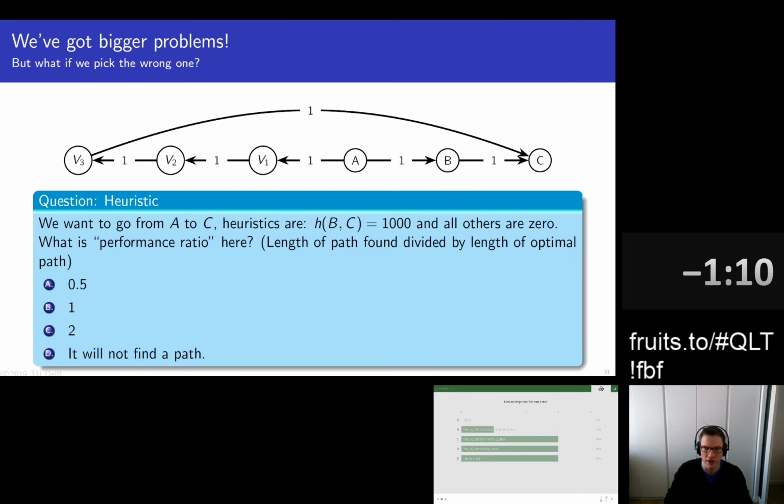It's not entirely apt here, but it does its purpose. So what is the length of the path that we find divided by the length of the optimal path? So if we use our modified version of the algorithm, an algorithm we call A star, so that's just Dijkstra with our heuristic added in, what is the performance ratio for this heuristic?